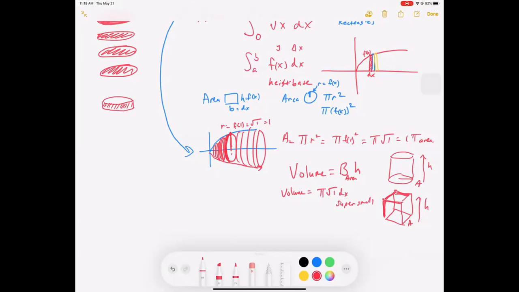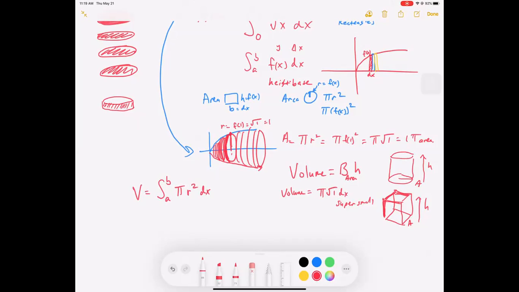So let's write out our equation. To find the volume of an object being rotated, this is our problem. It's going to be the integral from a to b, our starting and ending values, of pi r squared times a little bit of dx. So this is our basic idea.